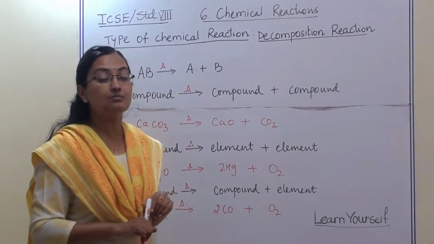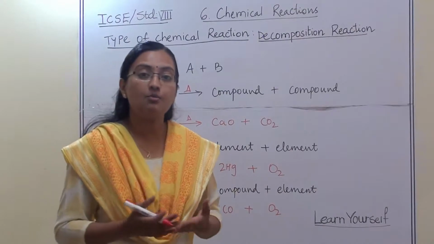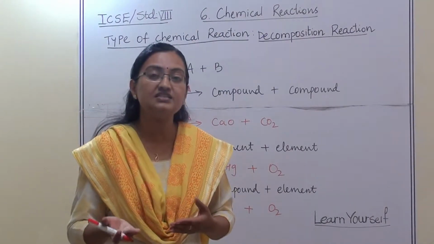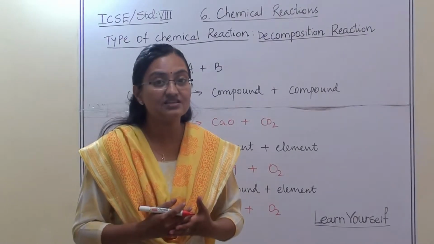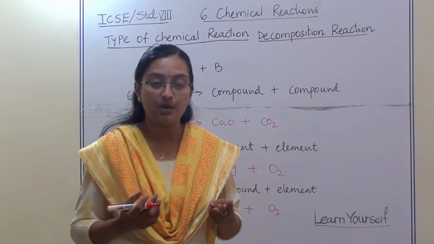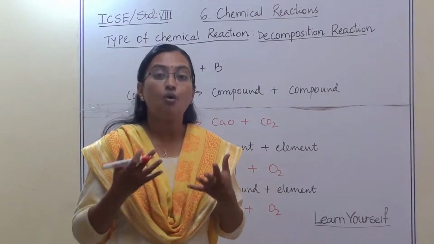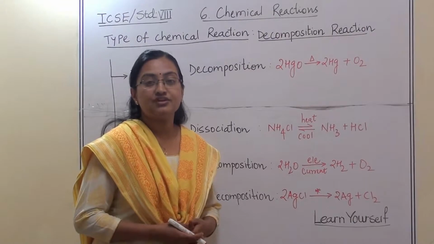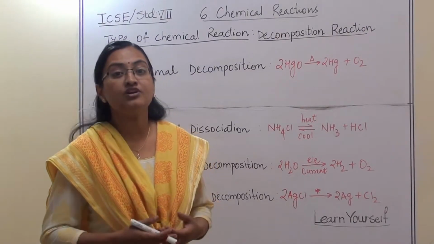So this is decomposition. When we take one compound as a reactant and heat it, decomposing it, as a result we will get either two compounds, or two elements, or one compound and one element. Decomposition reaction we carry out in four different ways.